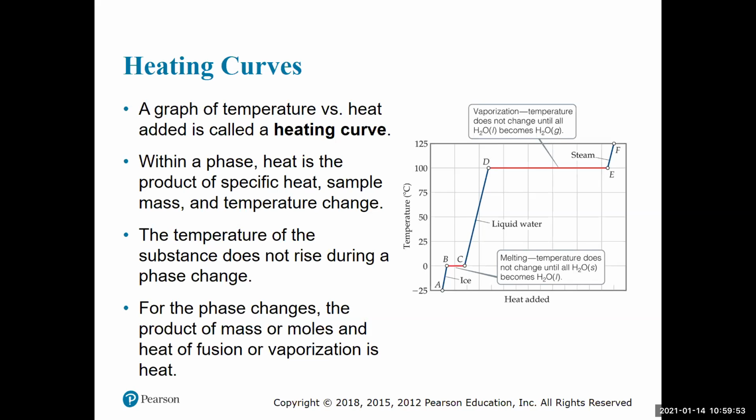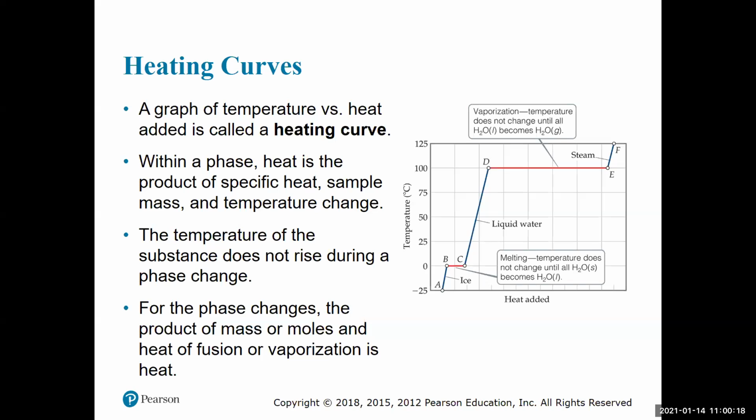Then we put more energy in, there's no more of this process of melting, and so now the temperature starts to go up until it hits point D, which is 100 degrees C, and at point D we're at the boiling point, okay? So now we're trying to convert all this liquid into vapor.